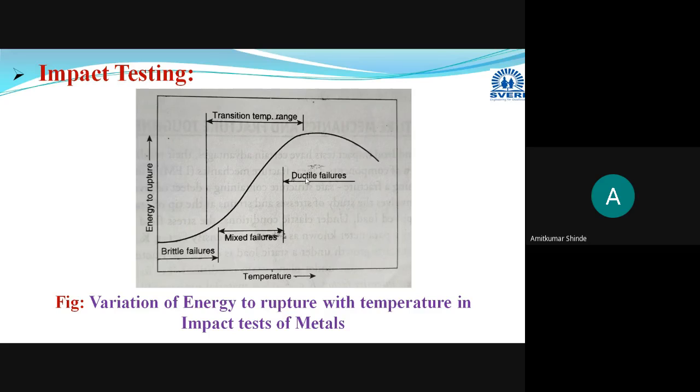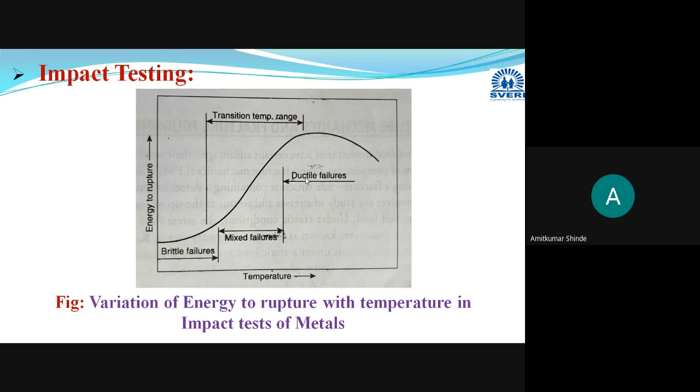When a ductile material fails in a brittle manner at lower temperature conditions, that particular temperature will be termed as the ductile brittle transition temperature. This you have to explain.